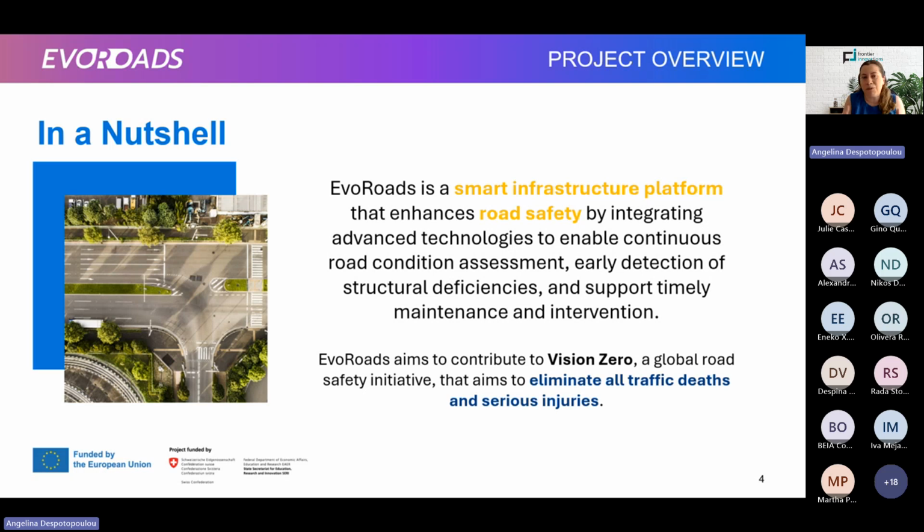And as a vision, let's say, EvoRoads aims to contribute to Vision Zero, which is a global road safety initiative that aims to eliminate all traffic deaths and serious injuries. Today the European Union has endorsed this initiative, and now it's among its primary goals.